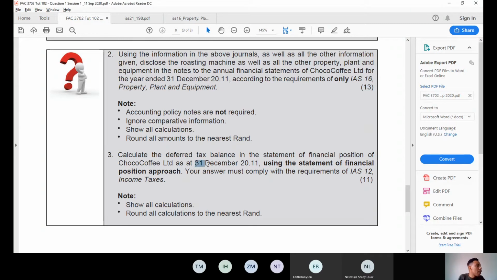They gave you the specific date, 31st of December 2011, using the statement of financial position approach. It's very important because that's the required. You need to use the statement of financial position approach. Then you need to comply with the IAS 12 requirements for income taxes. These are the 11 easy marks that you can get, right?